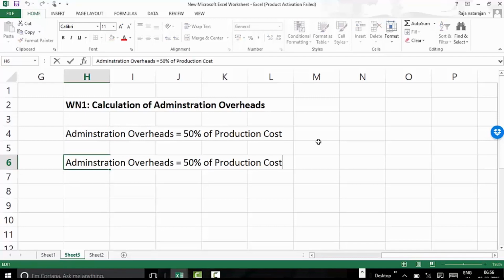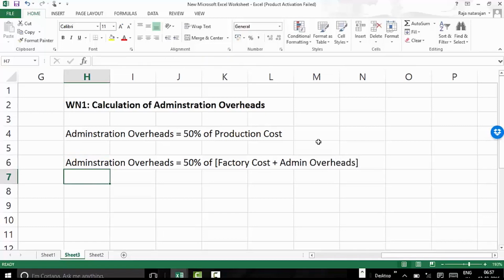Then we should know what is production cost, right? So here let me introduce a bracket to show what is production cost. Production cost is nothing but a sum of factory cost and admin overheads. So the sum of factory cost and admin overheads actually makes up the production cost.